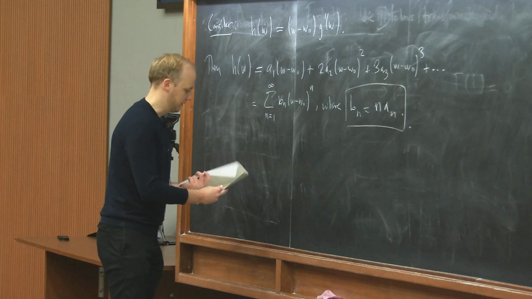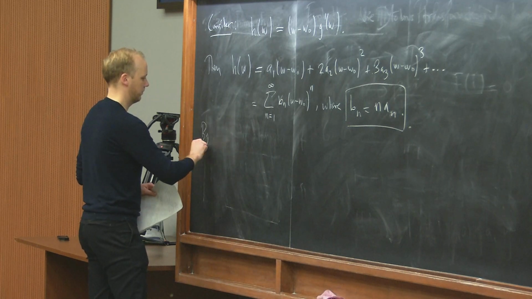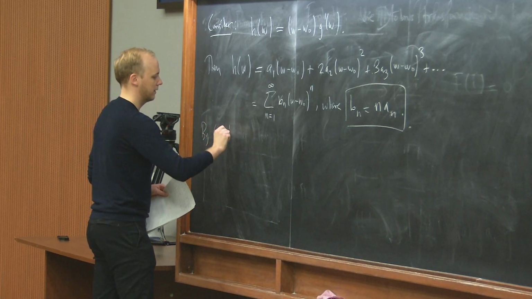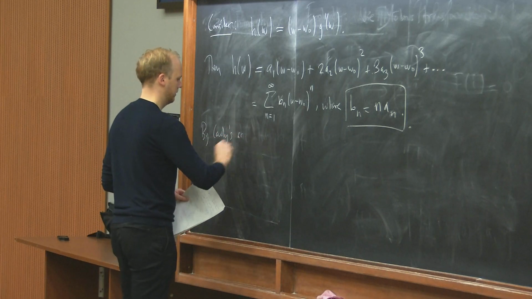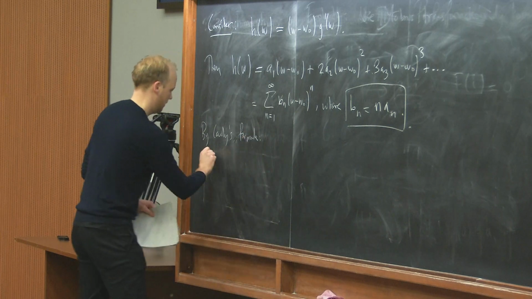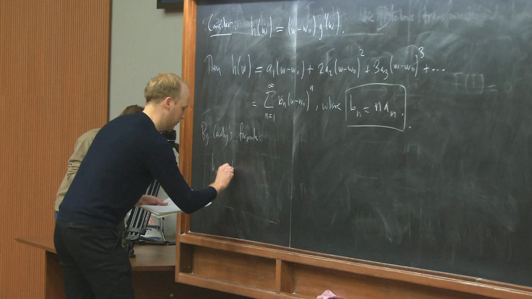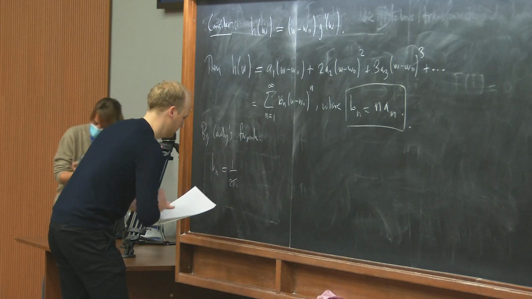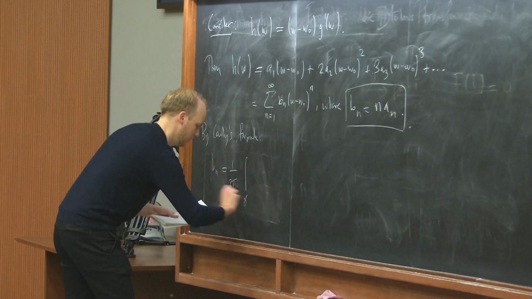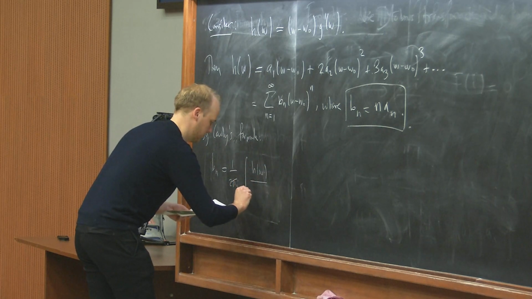Okay, so to determine this, we're now going to use Cauchy's formula. And we're going to use some argument principle things. So by Cauchy's formula, we know that these coefficients of h can be given by integration along any suitable closed path.